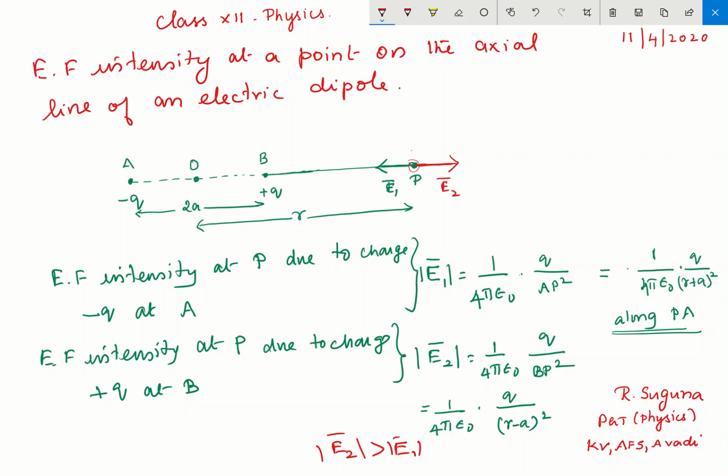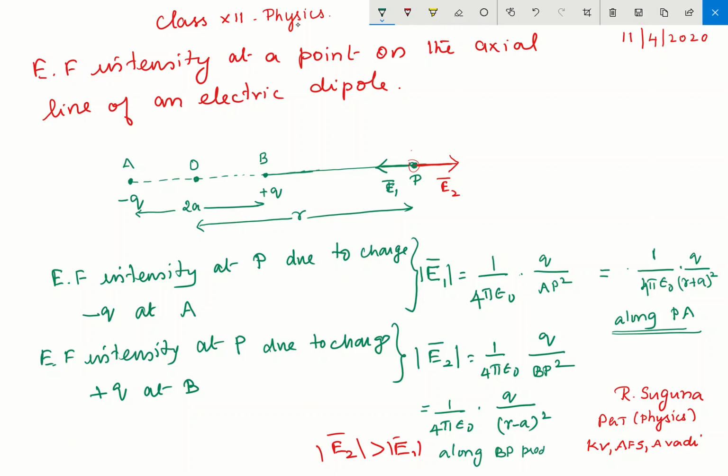That gives you E2. Okay, therefore what is the direction? It is along BP produced.